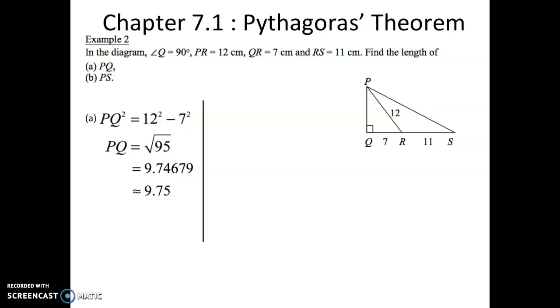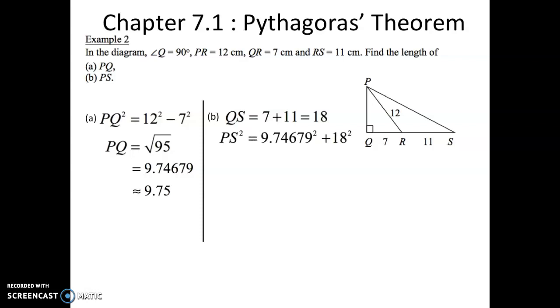Hence, Pythagoras theorem will not apply to PRS. Okay, so looking at triangle PQS, before we can find what PS is, we need to know what our PQ is, which we have found in part A, and what our QS is. So QS is simply 7 plus 11, which is your QR plus RS, giving you 18.